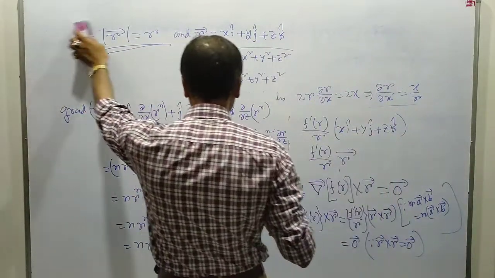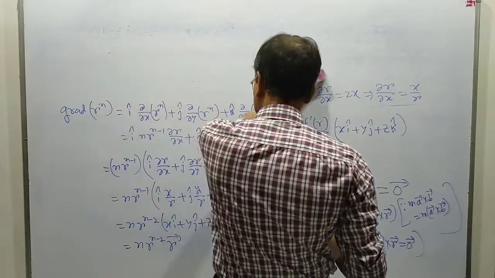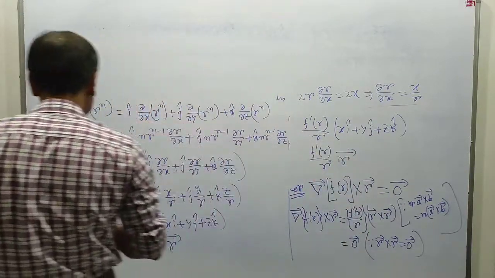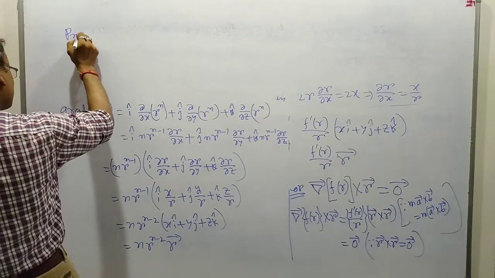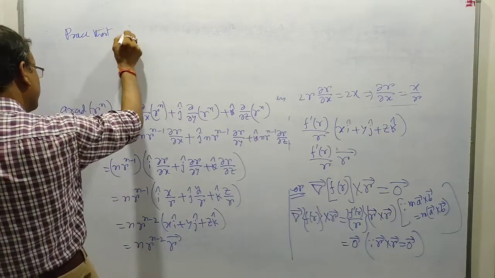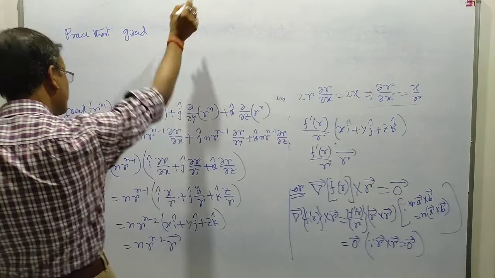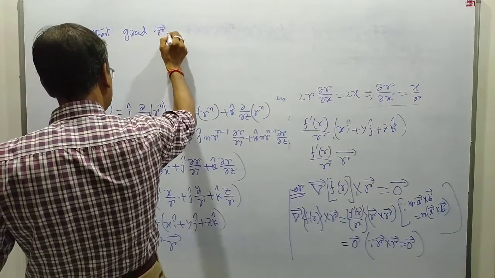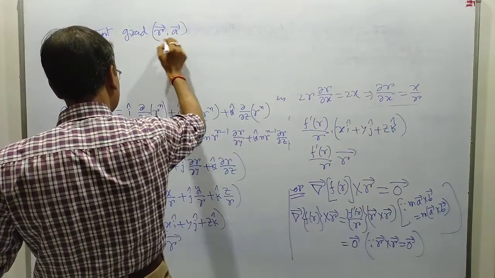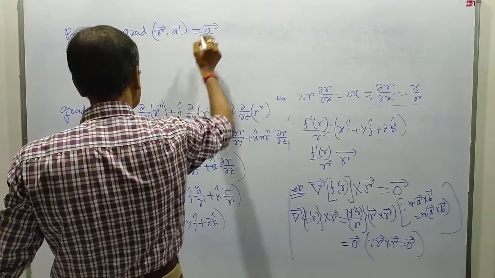Now I am going to prove one thing. Prove that: number 1, gradient of R vector dot A vector is equal to A vector.